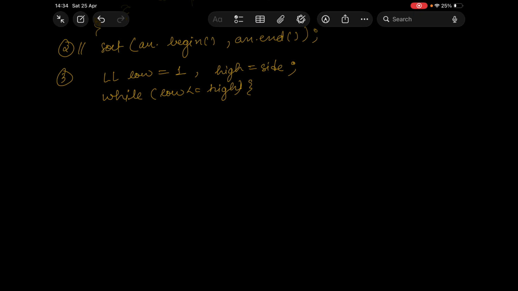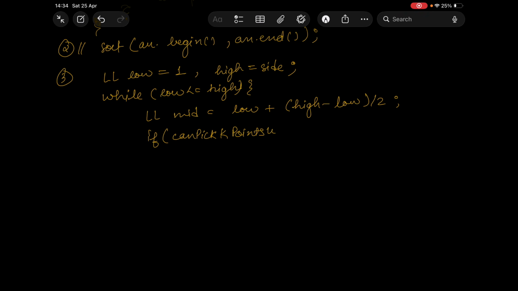Here I can write simply long mid equal to low plus (high minus low) by 2, and if this is the check, can pick k points with limit. Okay, so here I will pass mid. With this limit as mid, can we pick k points?